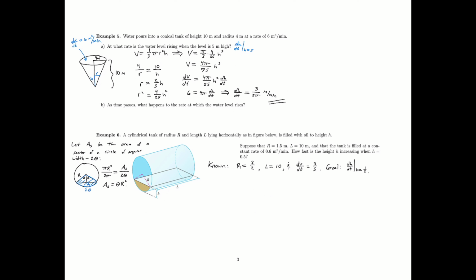Well, if we think about it, this distance right here, I'll do this in blue, this distance is h. So that means this distance right here must be r minus h. So for one of these triangles, if we just pull out the one triangle and blow it up a little bit, it's a right angle. This is theta. Then this has to be r. This is r minus h.